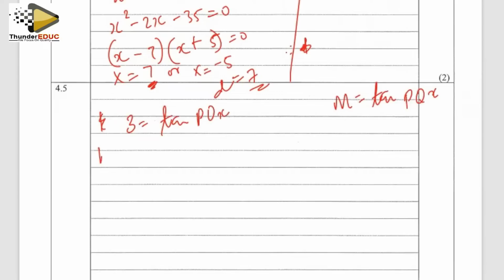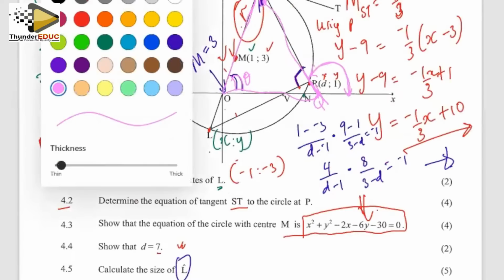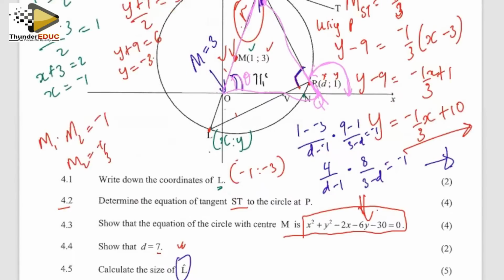Then for us to get the POX is going to be the arctan of 3. So arctan of 3 is giving me 71.57 degrees. Okay. So we're saying this is a 71.57.